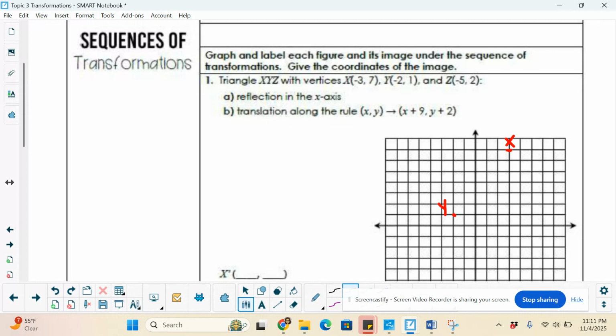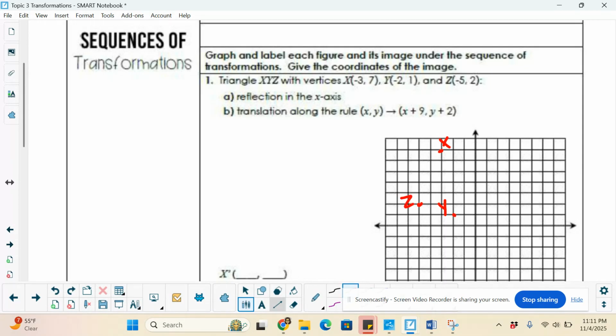Oh, I put my x in the wrong spot, guys. Come back here, x. All right, let's try that again. That should be 1, 2, 3, 1, 2, 3, 4, 5, 6, 7. And z is -5, 1, 2, 3, 4, 5, 1, 2. All right, so that is my z.